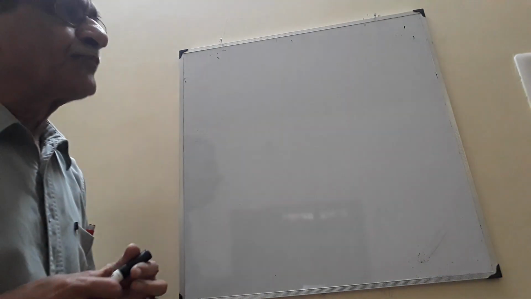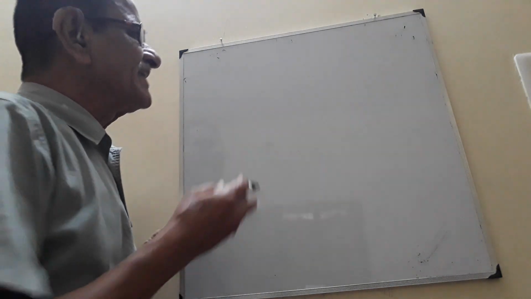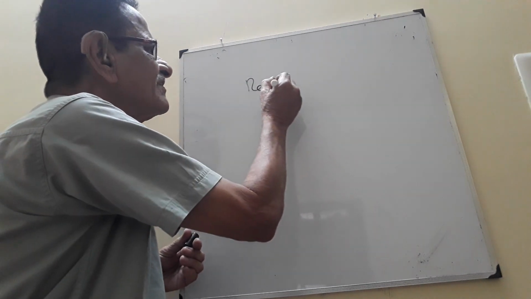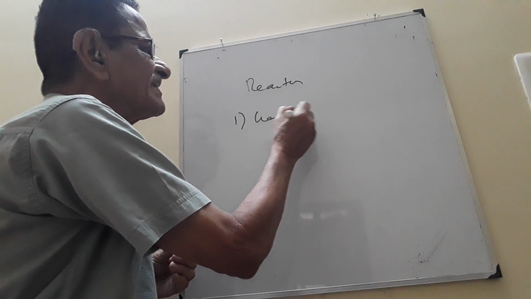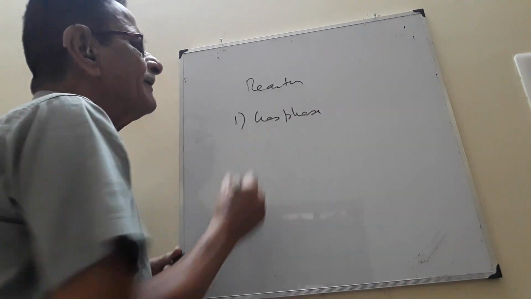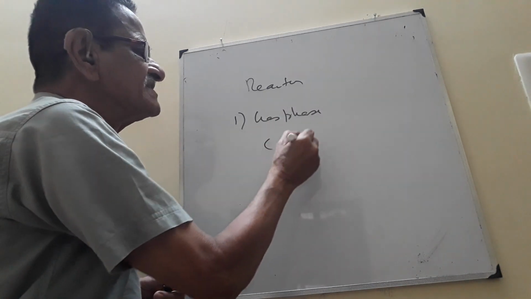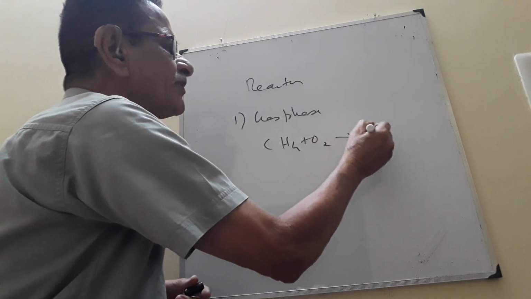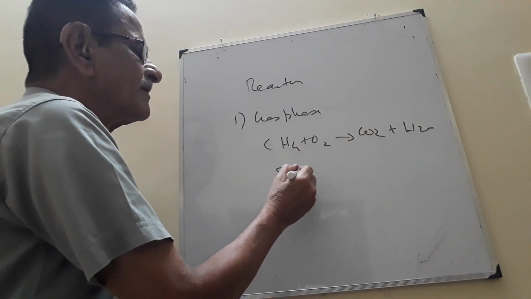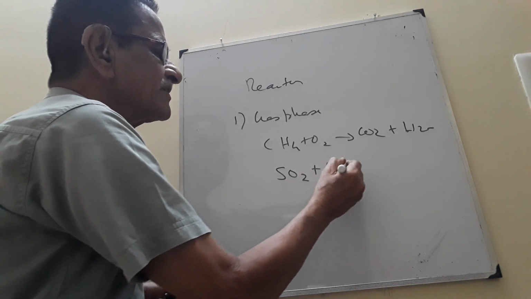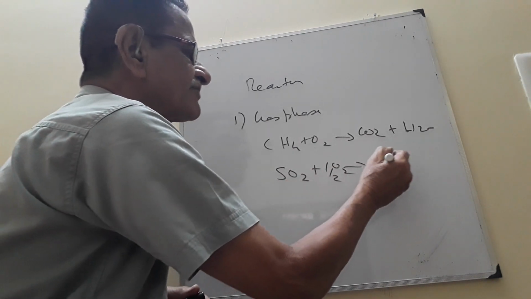Now, we can broadly classify reactions. One, gas phase reactions. For example, methane plus oxygen giving carbon dioxide plus water. I am not balancing the equation. Then sulfur dioxide plus oxygen giving sulfur trioxide, used to manufacture sulfuric acid.